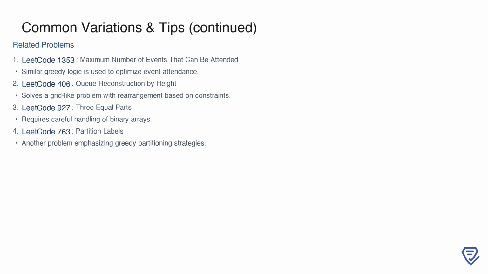Problem 927, Three Equal Parts, focuses on binary arrays and requires careful handling of conditions, much like counting trailing zeros here. Finally, problem 763, Partition Labels, emphasizes breaking a problem into partitions using a greedy approach. Exploring these problems can deepen your understanding of patterns and techniques applicable to Minimum Swaps to Arrange a Binary Grid.